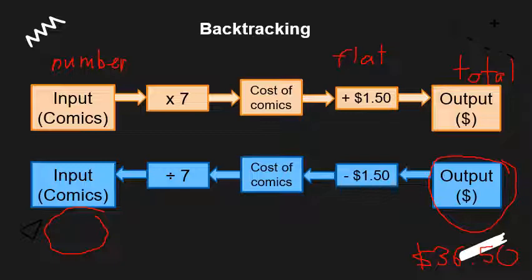So I subtract the $1.50, which will give me $35. Then I divide that by 7. Now my answer is not going to be in dollars because I'm talking about comics. So my answer is going to be 5 because 35 divided by 7 is 5. So that person bought 5 comics. So I can again use that inverse operation to find out the unknown input there, which is the number of comics.